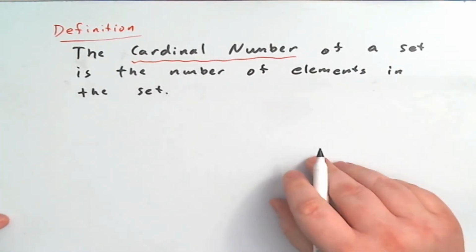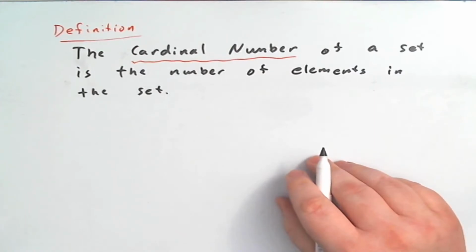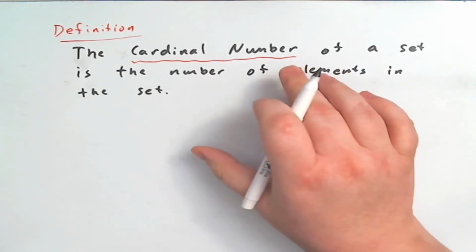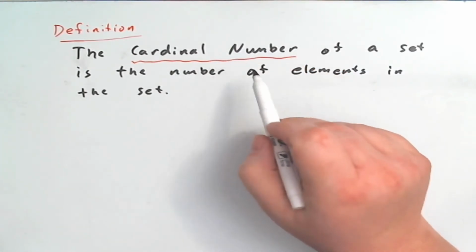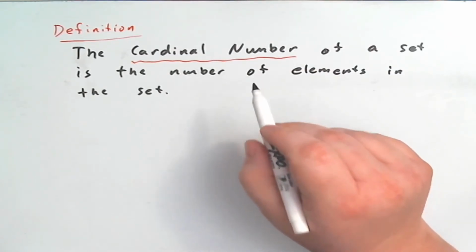Okay, the number of elements in the set. Okay, we also define this number, okay, the specific number that is the cardinal number. We call it the cardinality.